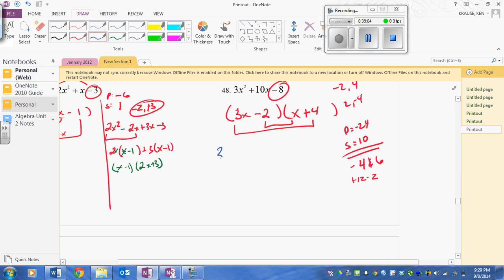That's better. We're going to do 3x squared plus 12x minus 2x minus 8. Take out these two, I can take the 3x out, and I'll put x plus 4, minus 2, x plus 4.